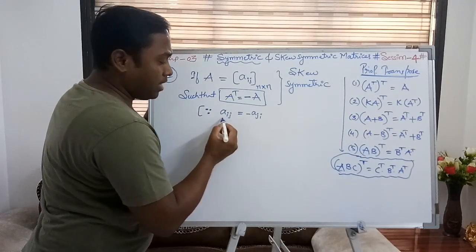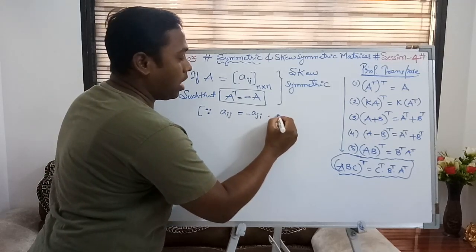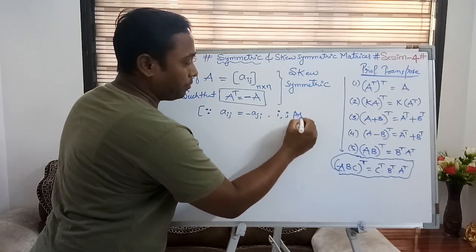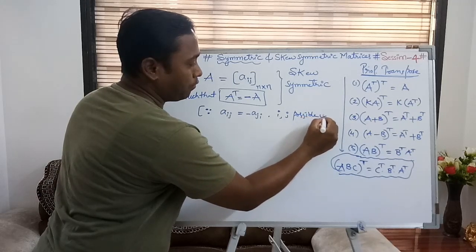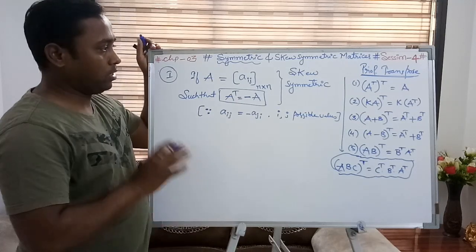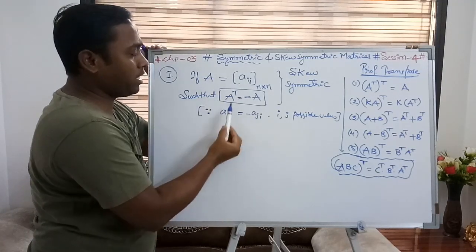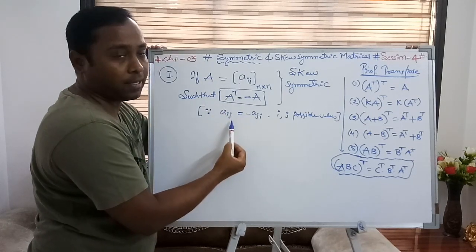So here Aij is equal to minus Aji, where i and j take the possible values according to the given matrix. So simply, skew symmetric means a square matrix satisfying the condition A transpose equal to minus A.